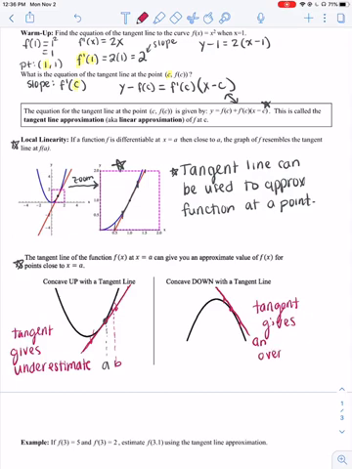In our book, it doesn't really ask you about this, but you could see this on the AP exam. It could say, find this approximate value and state whether it is an overestimate or an underestimate. For that, you really need to know what the concavity of the function is.